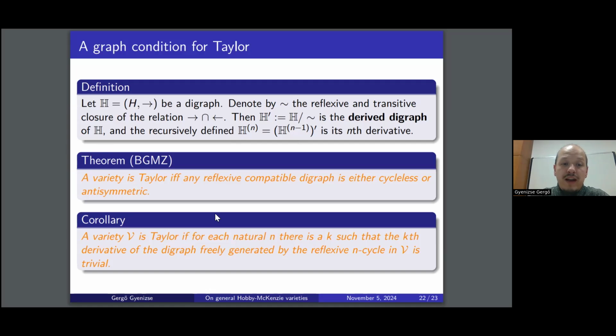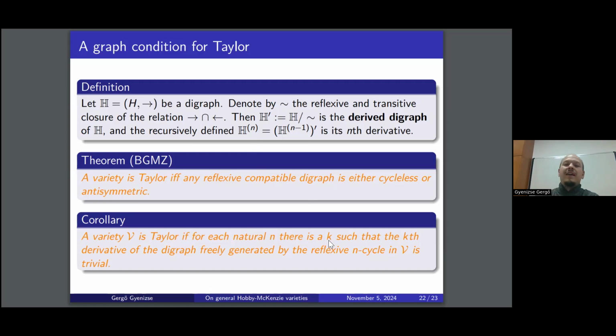And we proved this, and it holds for arbitrary varieties: a variety is Taylor if and only if for each natural n there is a natural k such that, if we take the reflexive cycle of length n, fully generate a graph, so that's a graph compatible with a Taylor operation, then if we take this derived series, there will be a point when it results in a trivial graph.